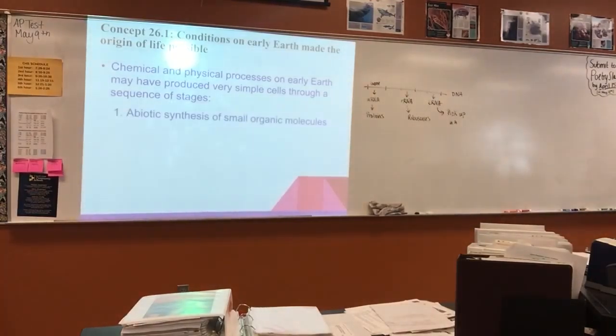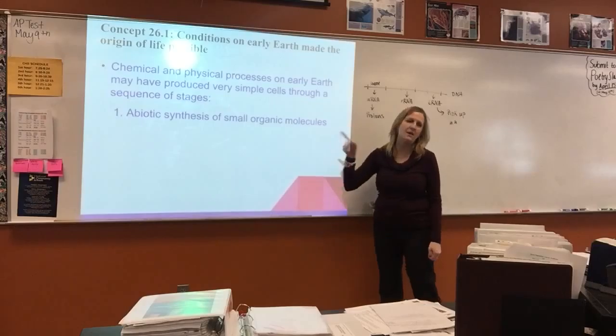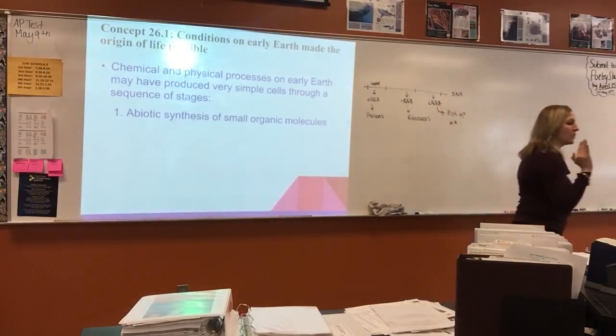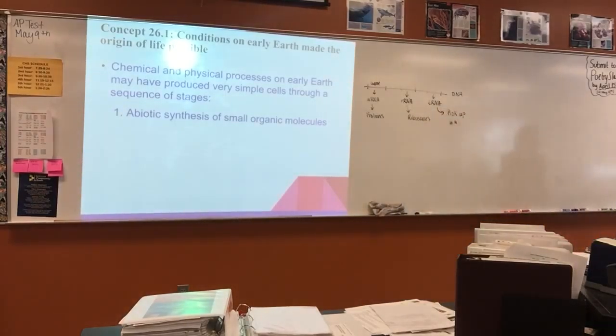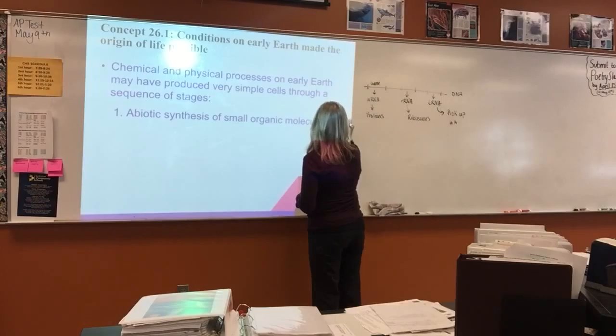First of all, we have to have small organic molecules. It says here, abiotic synthesis of small organic molecules. Abiotic means without life, so organic molecules made outside of a living thing. An example would be amino acids.